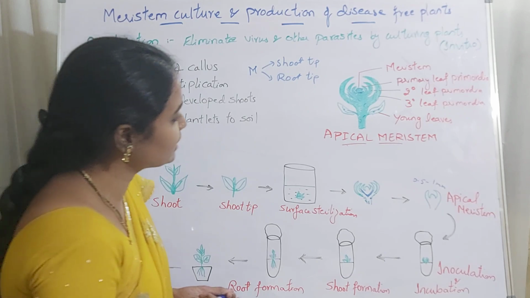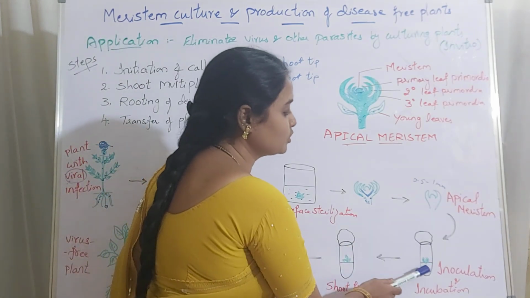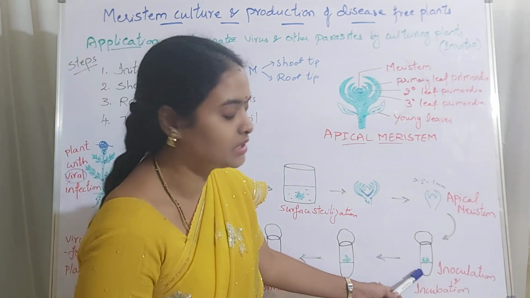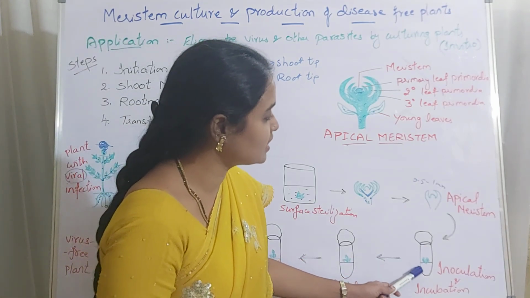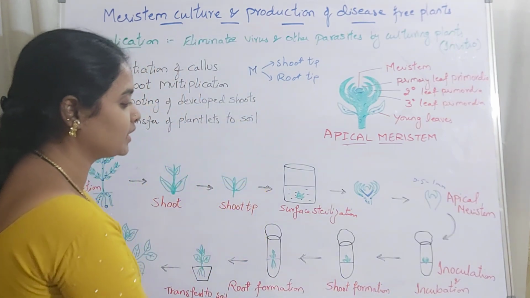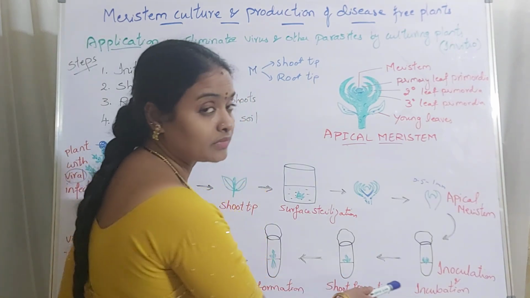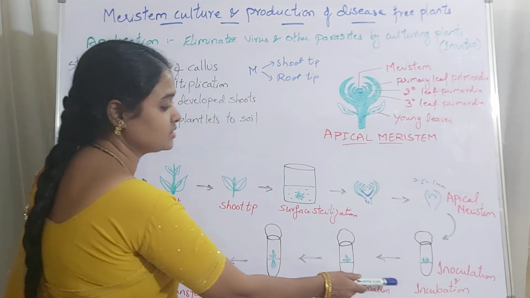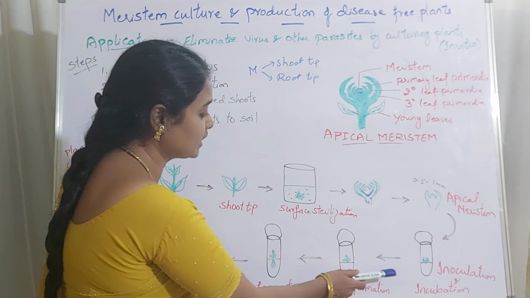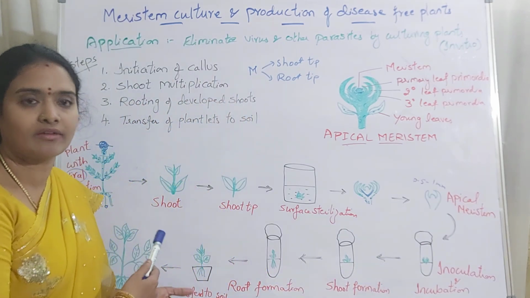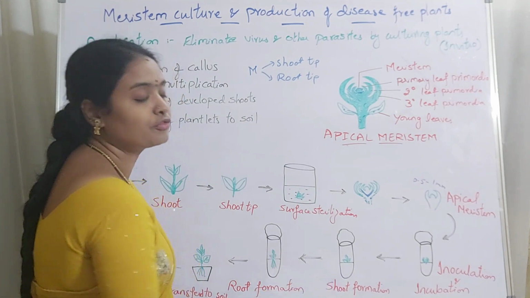After trimming this apical meristem, you are going to introduce or inoculate that in plant tissue culture media. After inoculation of the apical meristem, it is the incubation. So when you incubate at favorable temperature with light, and also humidity, what happens here, gradually, due to the plant growth hormones you have added, there will be shoot formation.